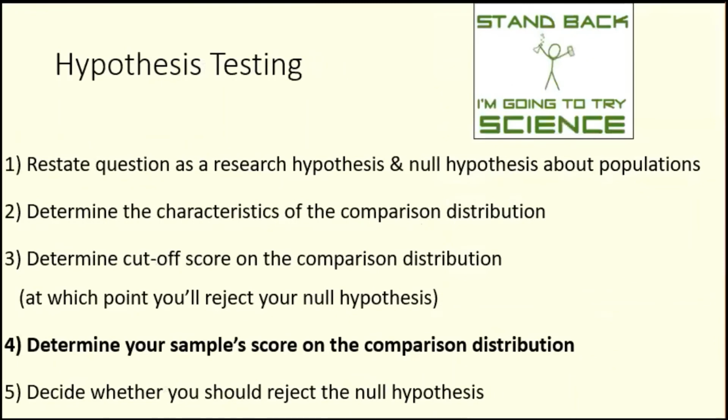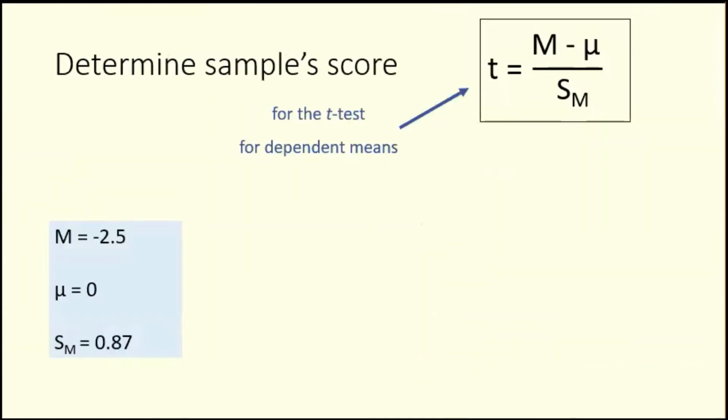Step 4, we're going to determine our sample score on the comparison distribution, and in this case, we'll be determining our t-score. Here we have our new formula, the formula for calculating the t-test for dependent means. We have our sample mean minus our population mean, all over our comparison distribution standard deviation.